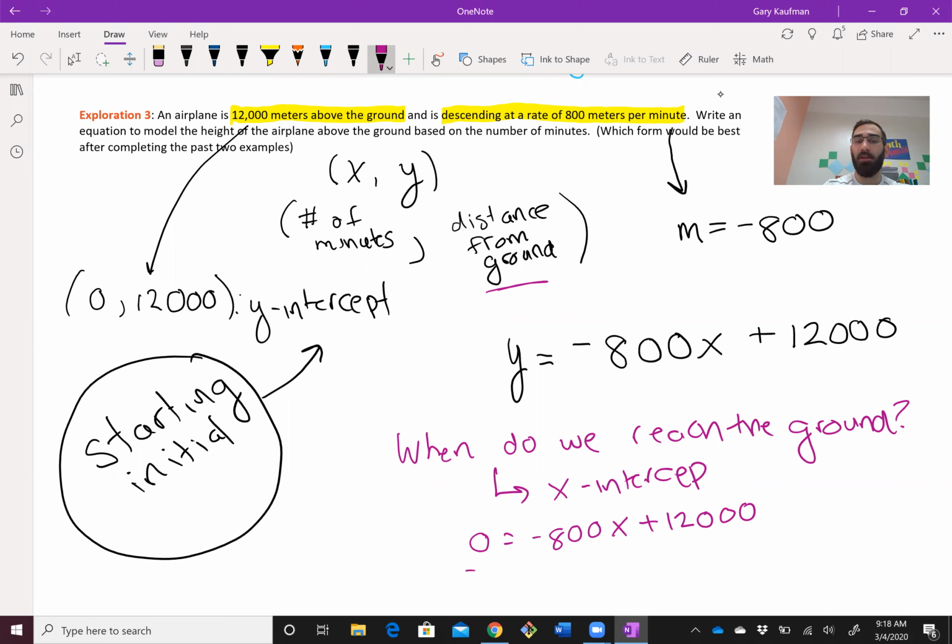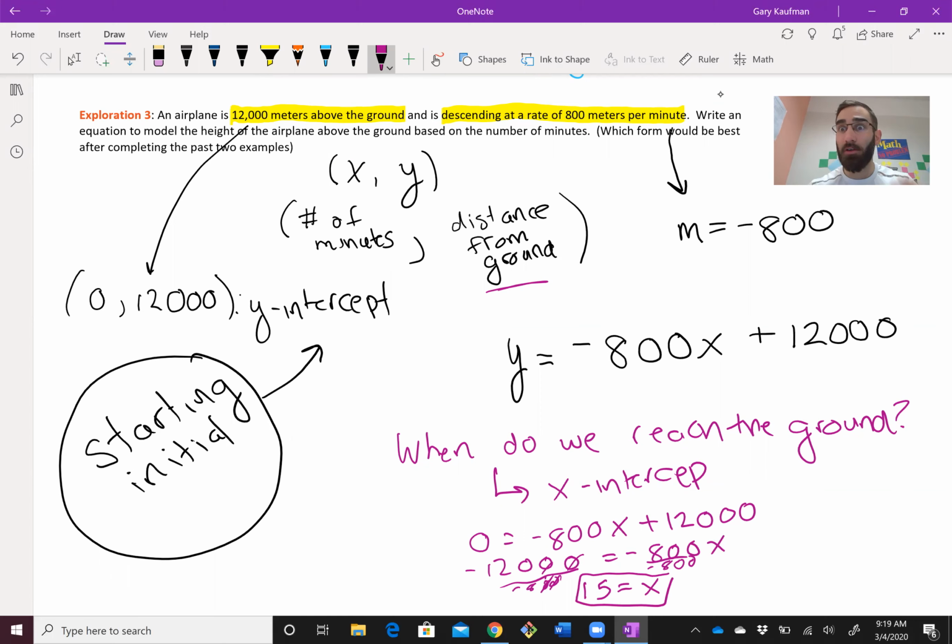Subtract 12,000 to the other side. We get negative 12,000 equals negative 800x. Divide by negative 800. Zeros cancel out. That's 120 over 8, 60 over 4, 30 over 2, 15. So in 15 minutes, I get to the ground.